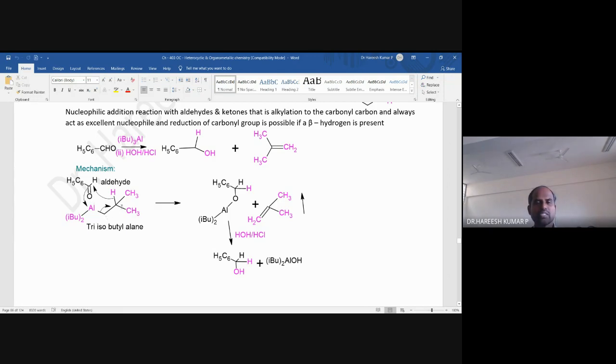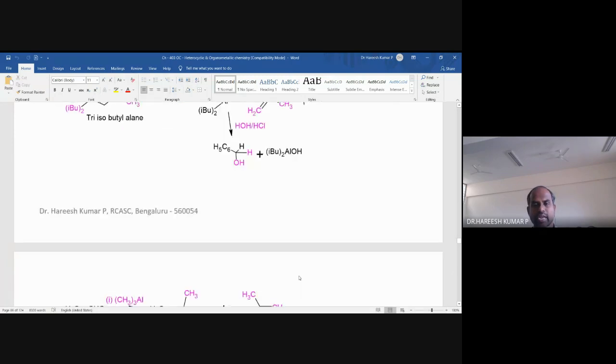A hydride is transferred from the isobutyl group to the carbonyl carbon, thereby forming an intermediate. On hydrolysis, the bond between the oxygen and aluminum is broken, and thereby benzyl alcohol is obtained. Of course, this is a byproduct. What is the name of this byproduct? Diisobutyl aluminum hydroxide is the byproduct. So with this, I will go to the next slide.